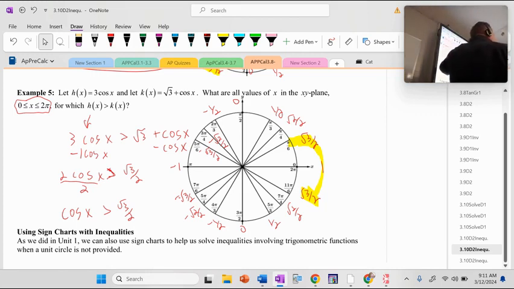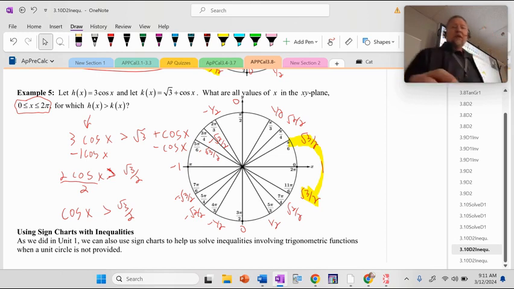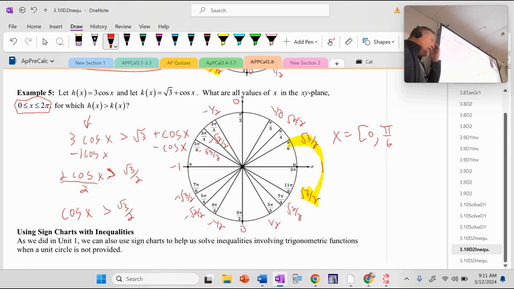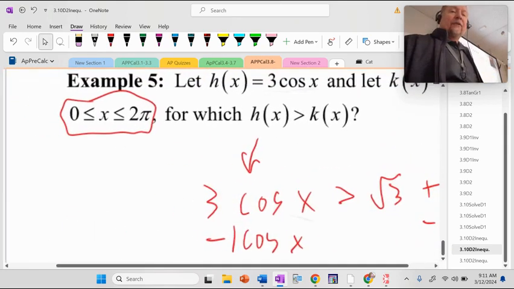I have to say x equals 0 is in between 0 and 2 pi. So bracket 0 to pi over 6. What do I put on pi over 6, a bracket or parenthesis? It has to be a parenthesis. Then honestly, I think the authors of these notes made a little mistake.